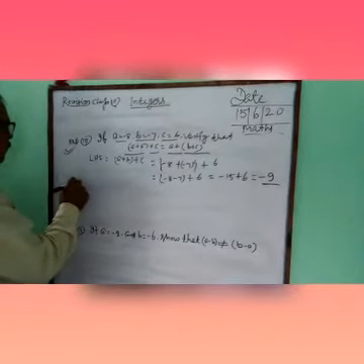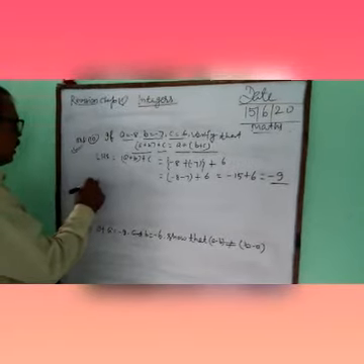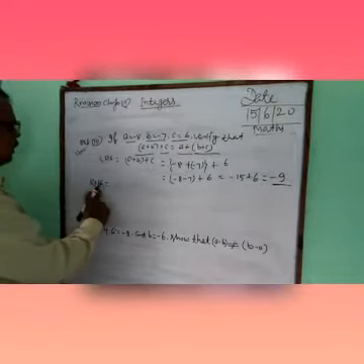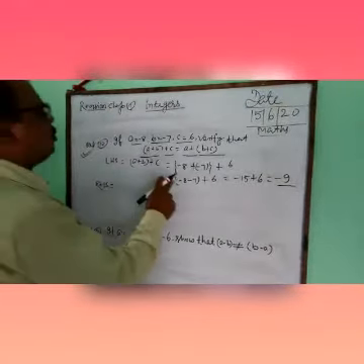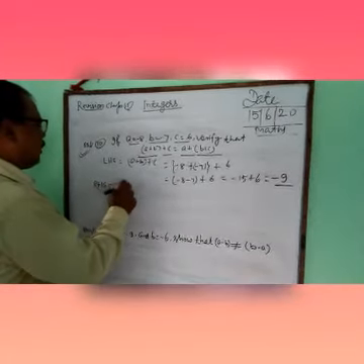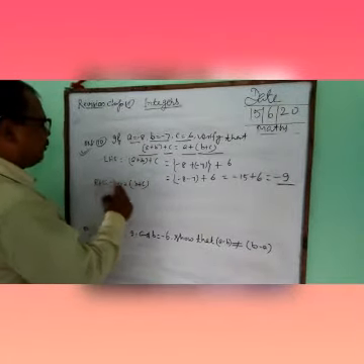Similarly, we have RHS, right hand side is equal to A plus (B plus C).